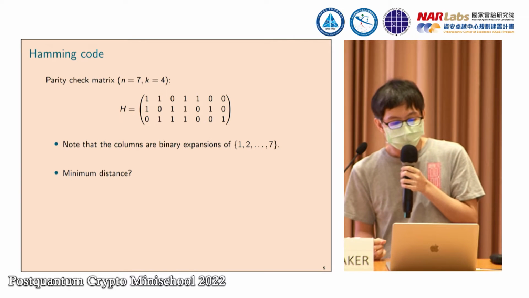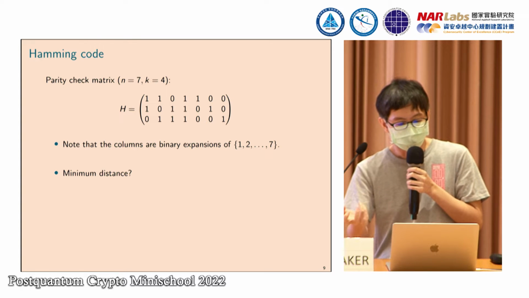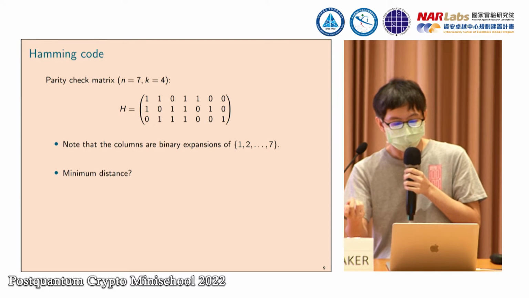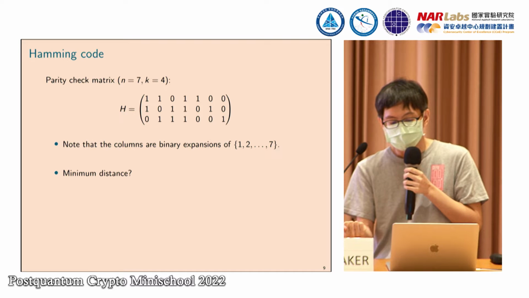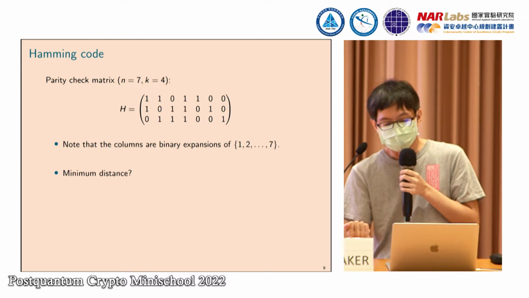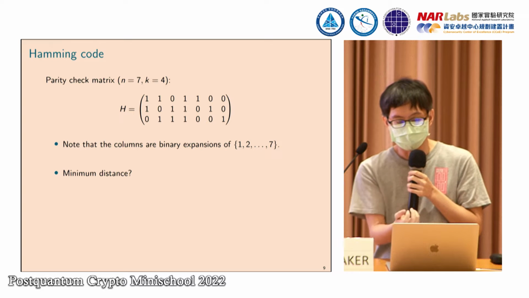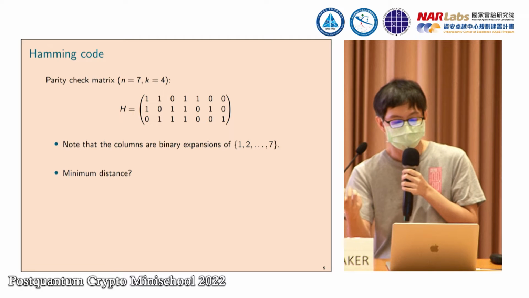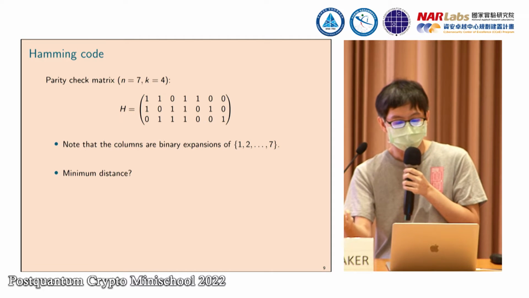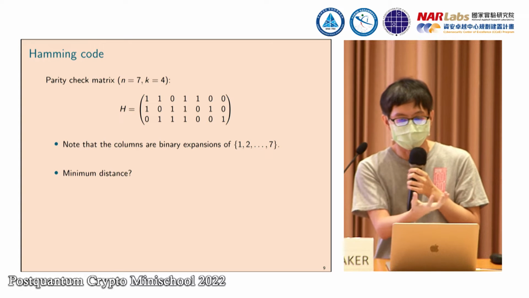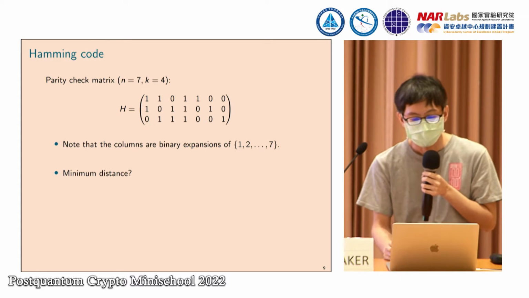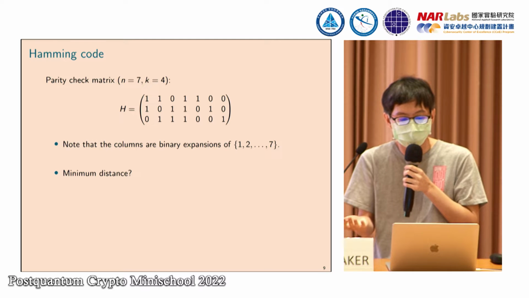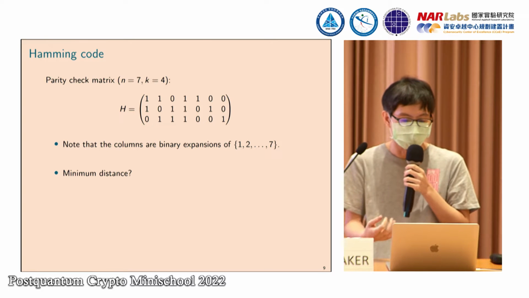So this means that you can consider, if the minimum distance is 1, then if you pick one column from this parity check matrix H, it should be possible that this vector is 0, because this is going to be the product of H and E. Okay, there's no 0 column in this parity check matrix, so certainly the minimum distance is not 1.